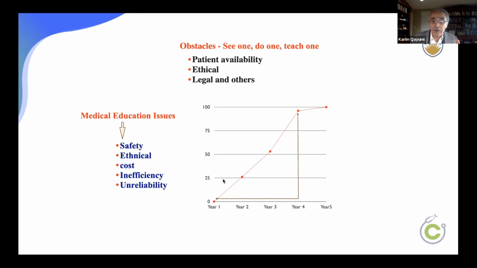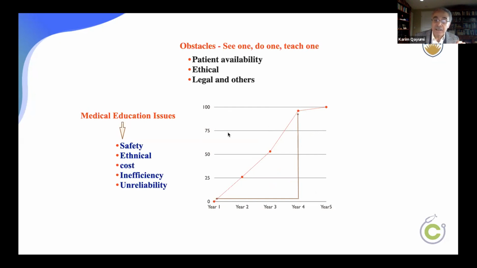So therefore, you see years 1, 2, 3, 4 of the residency training program, we go very slow to get to the point to become a chief resident and do independent work, that we trust you now that you are a competent physician or surgeon.